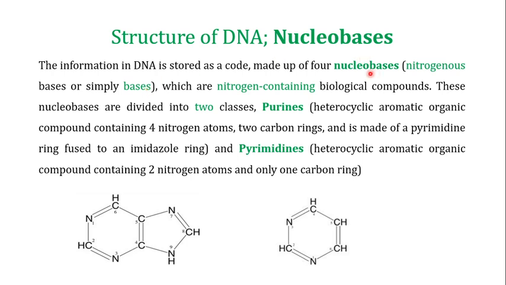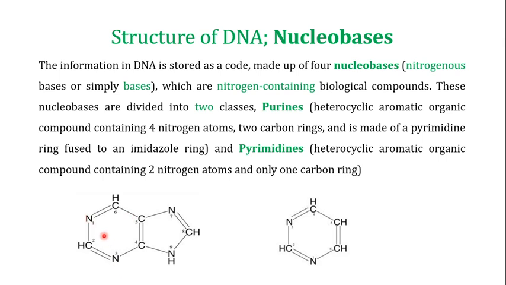These nucleobases are nitrogen containing compounds, and they are divided into two classes. One is known as the purines, and the purine is a double ring structure, and it contains 4 nitrogen atoms. As you can see over here, this is 1, this is 2, this is 3, and this is 4.